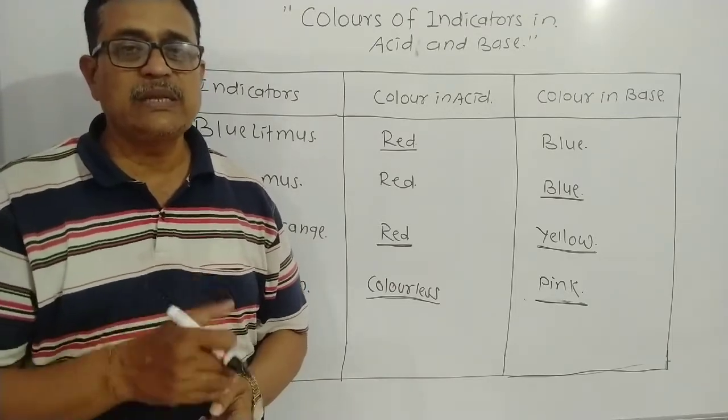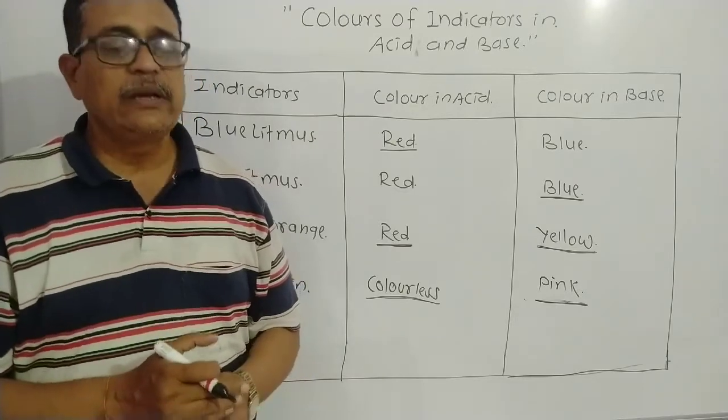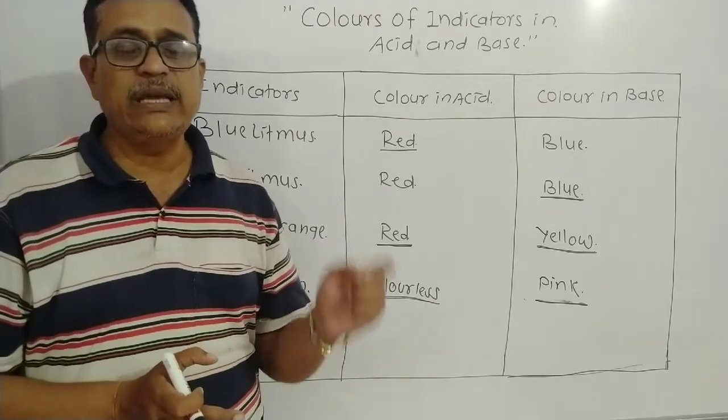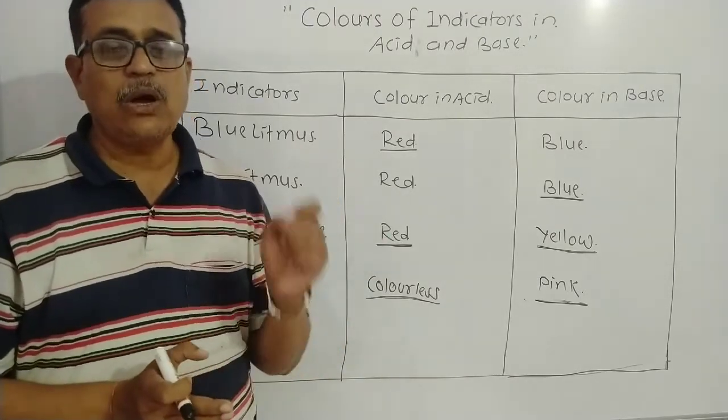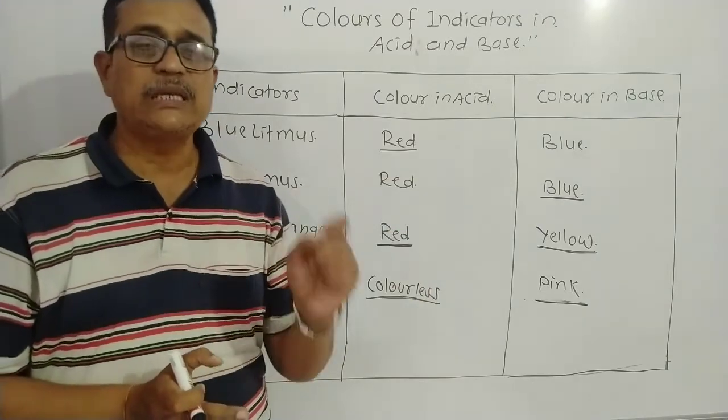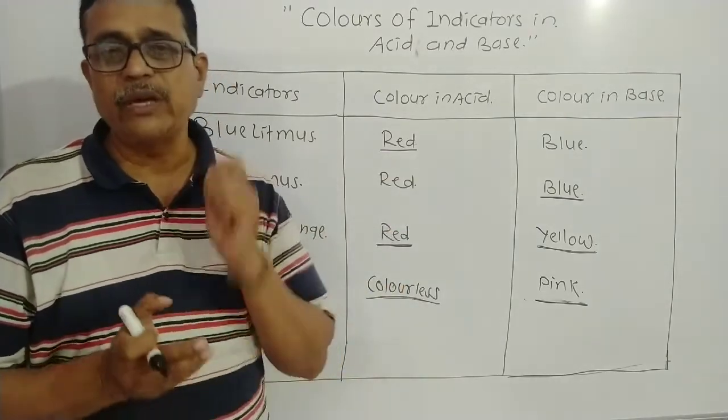Universal indicator is present in liquid form also. The universal indicator can be used to indicate the strength of acid and base, means whether that acid is a strong acid or weak acid, or whether that base is a strong base or a weak base.